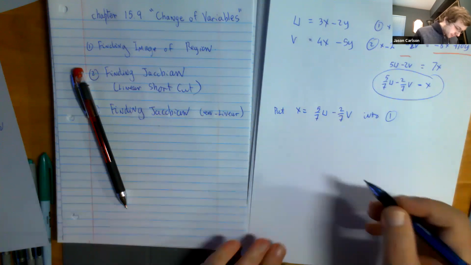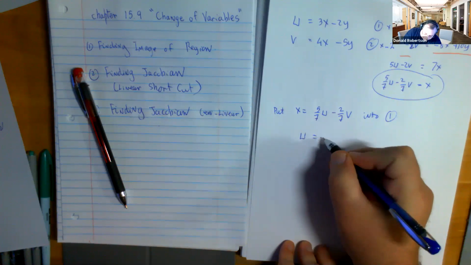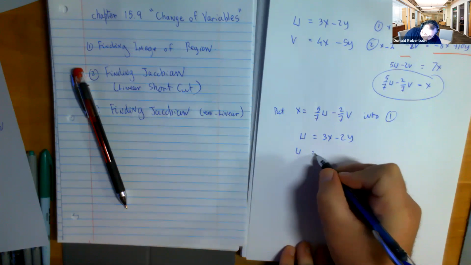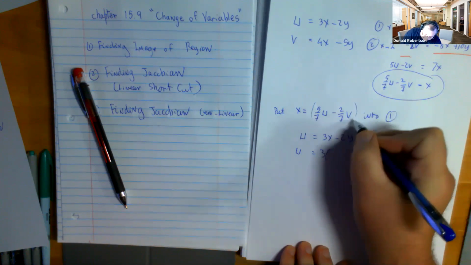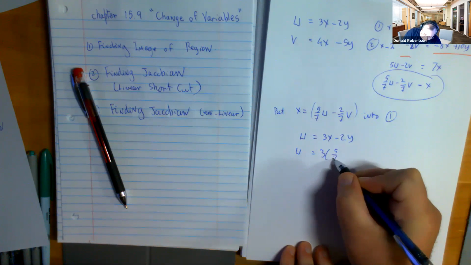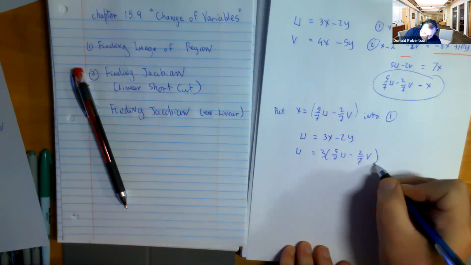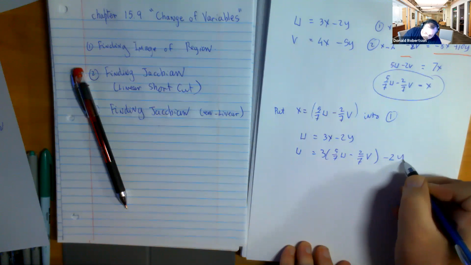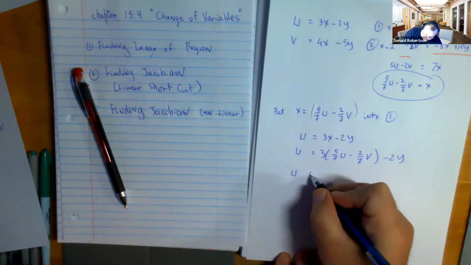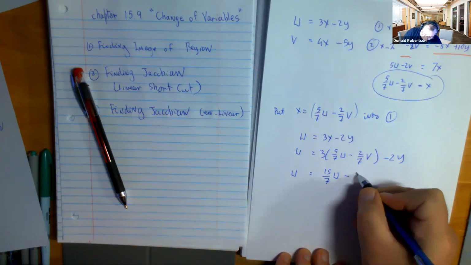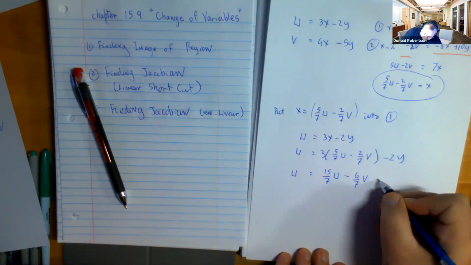So u is 3x take away 2y. U is 3 lots of this, take away 2y. That's 15/7 u, take away 6/7 v minus 2y.